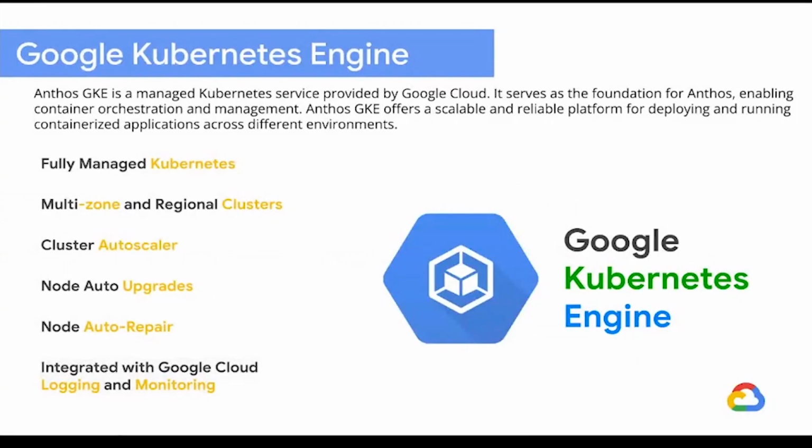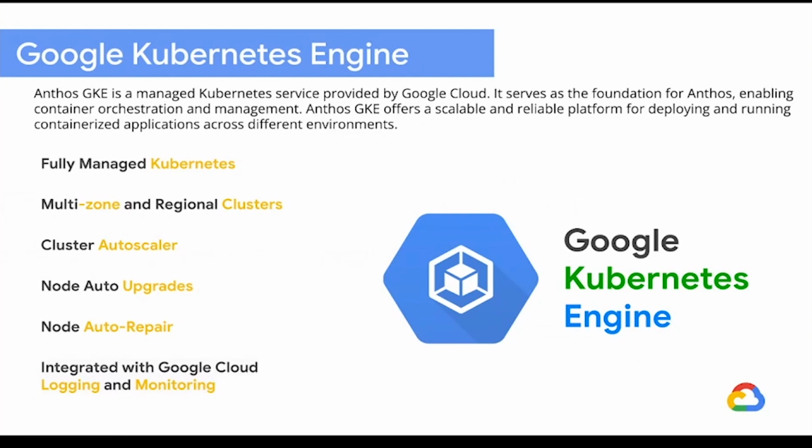So Google Kubernetes Engine is a fully managed Kubernetes offering from Google Cloud, which is a multi-zonal or regional cluster. It has the capability to scale your nodes automatically. Whenever there is high traffic in your cluster, in your workloads, it will automatically scale up and scale down.